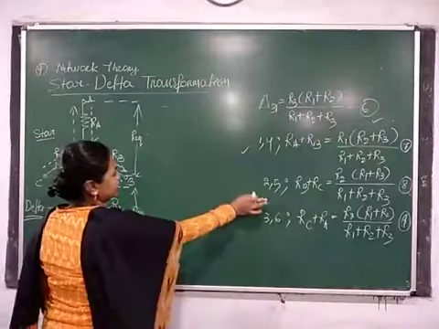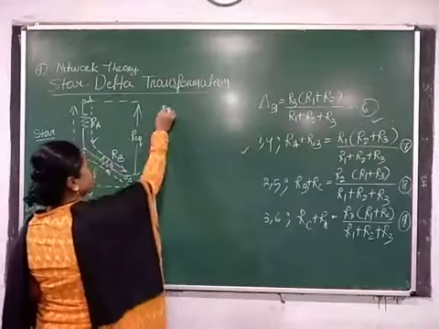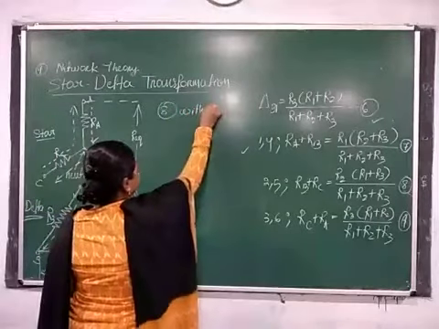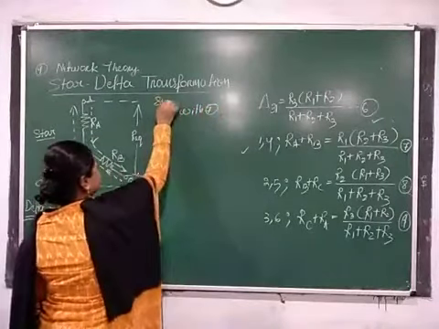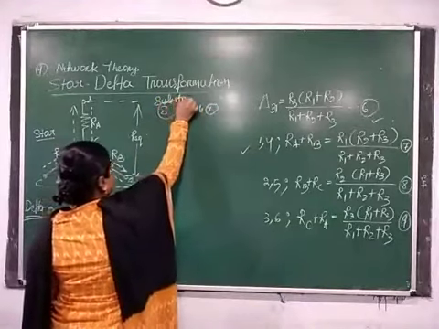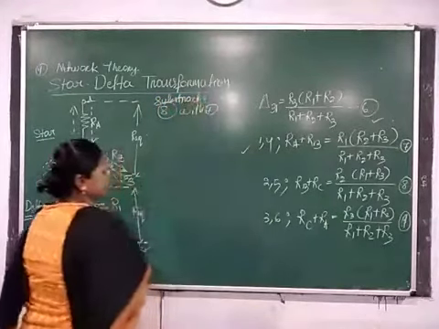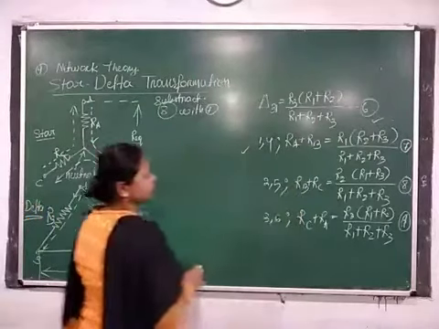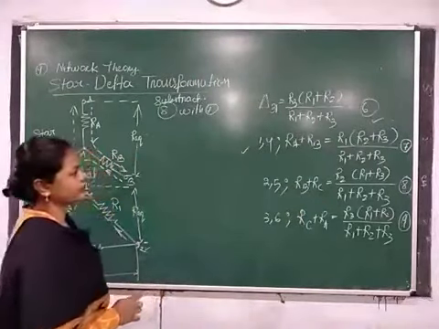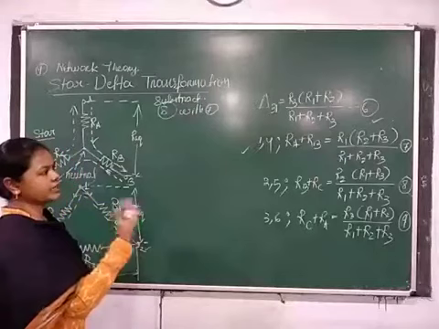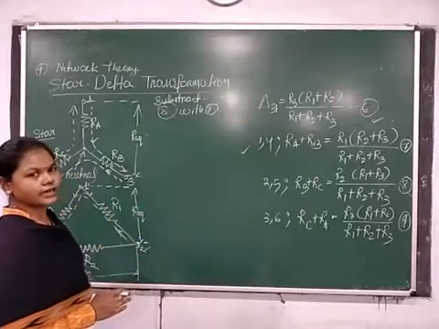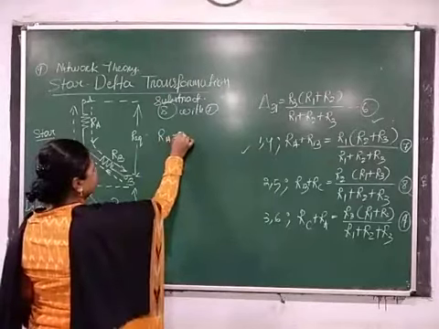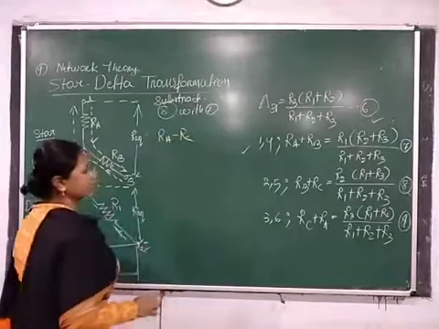What result do you get? RB cancels out, and you get RA minus RC.